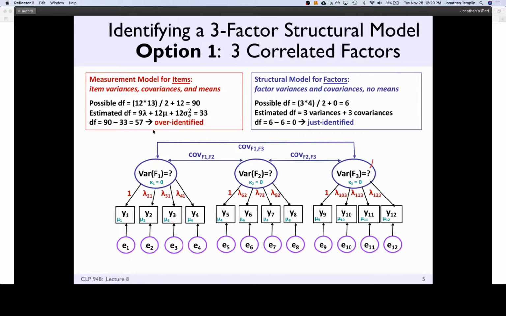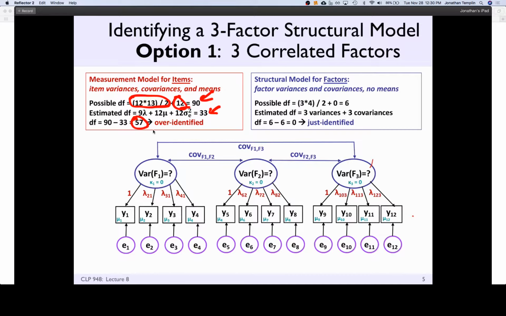In a CFA measurement model, since we have 12 items, we know that the saturated model has 12 times 13 divided by 2 covariances, plus 12 means. So they have 90 possible parameters there. Our 3-factor model actually ends up giving us 33 parameters, so we have 57 degrees of freedom. And because that degrees of freedom is bigger than 0, it's over-identified, so it's okay to estimate.